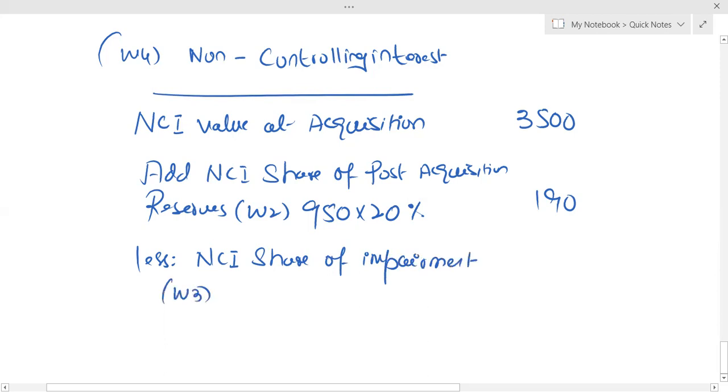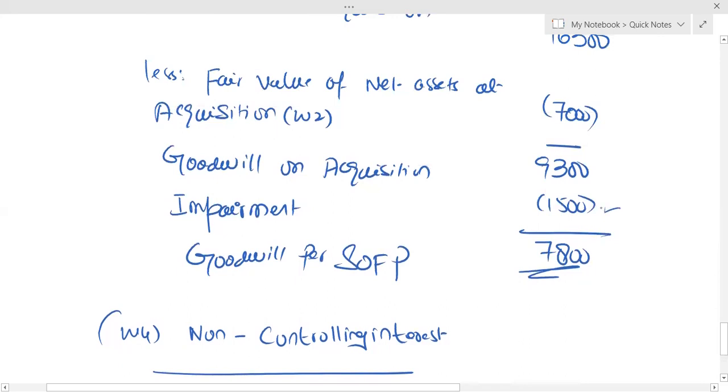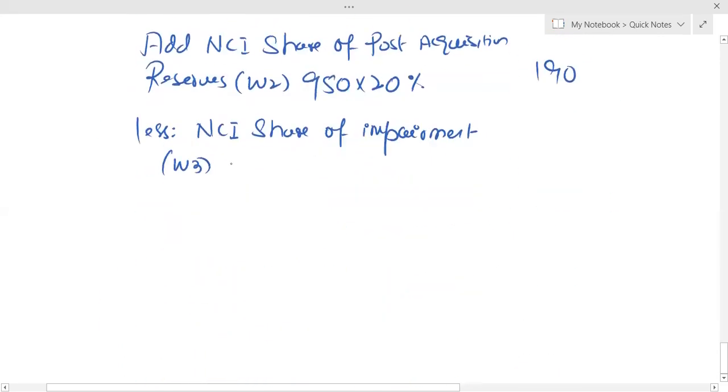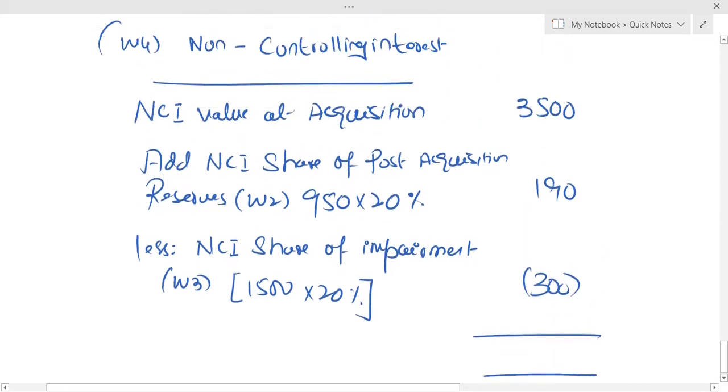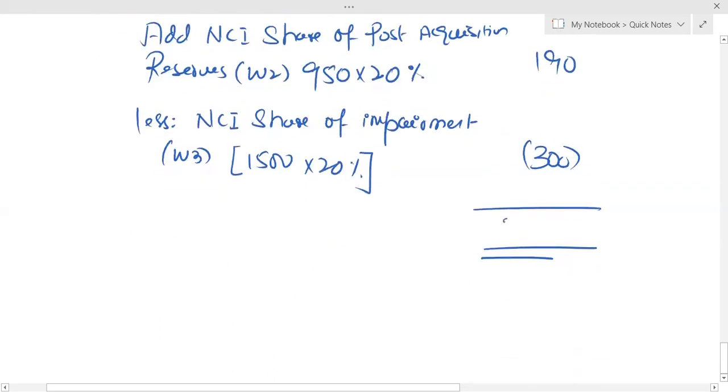In working 3, impairment loss is 1,500. 20% of this belongs to NCI because parent has an 80% holding. So 3,500 plus 190 minus 300 gives us 3,390, which will show in SOFP.